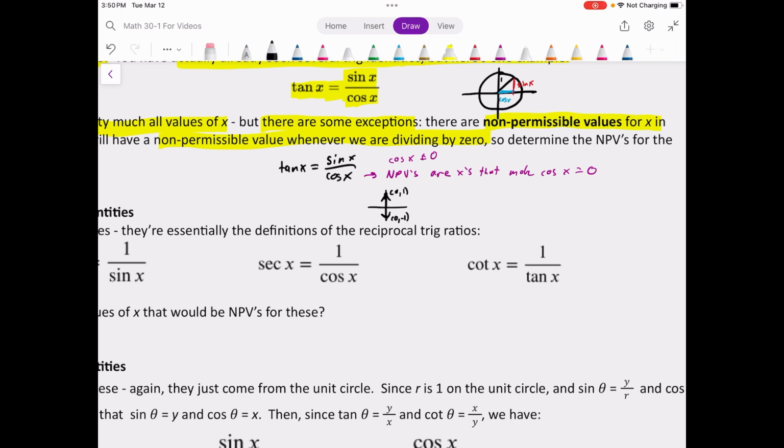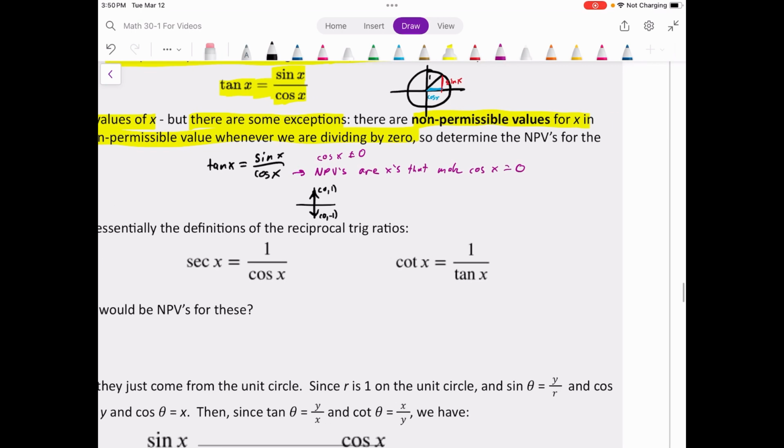So at 90 and 270, or at pi over 2 and 3 pi over 2, right? So x cannot equal, what did I just say? Oh yeah, pi over 2 and 3 pi over 2, right? Or 90, 270, okay? But there's more than that, okay?